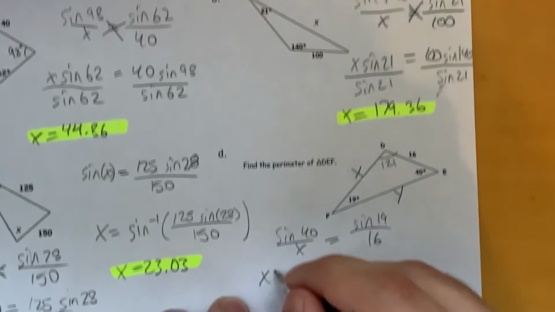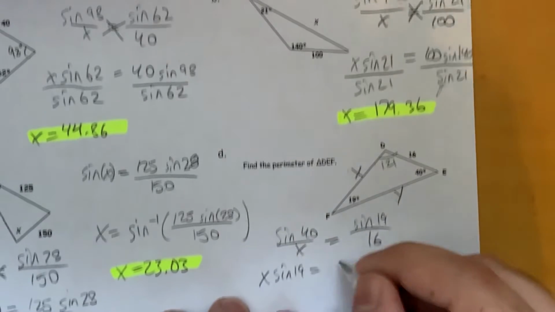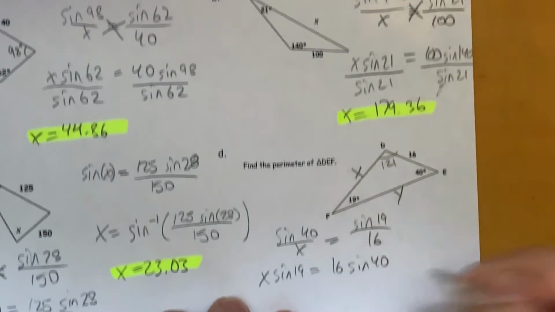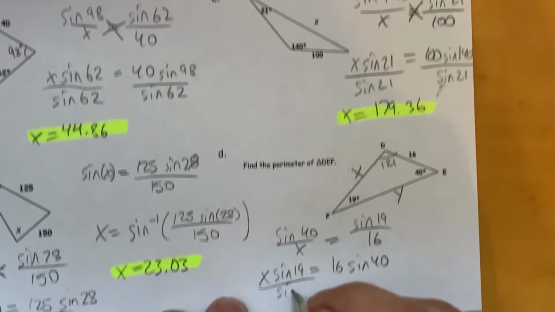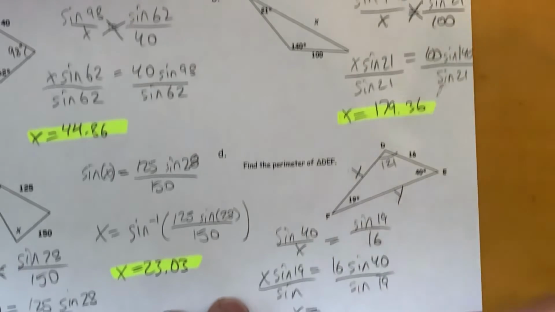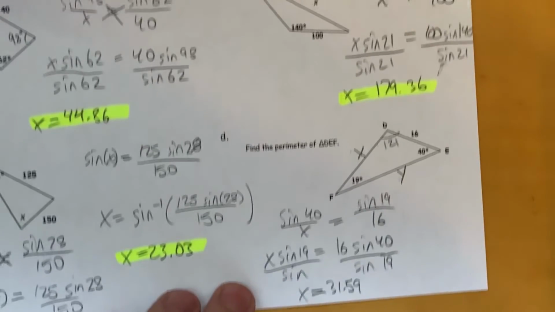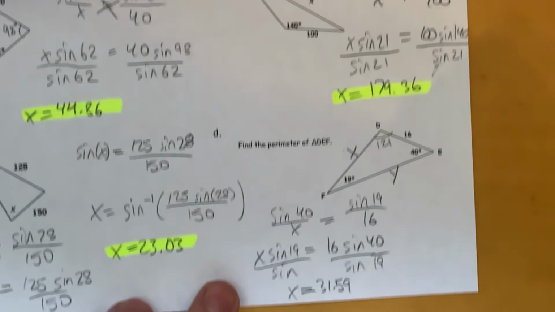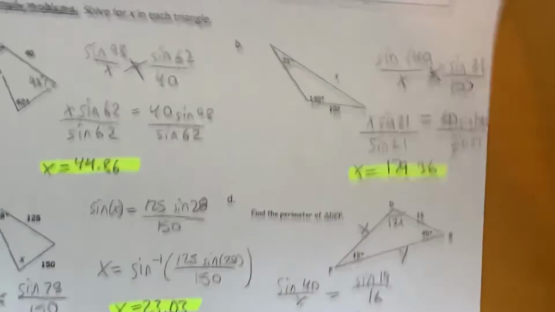I'm gonna get x sine of 19 equals 16 sine of 40. Divide both sides by sine of 19. And I'm gonna get x is going to equal 31.59 when I plug it into the calculator. But I'm not done yet, and that's why I haven't highlighted again as well. So I'm gonna turn it over to the backside and do the rest of this problem.